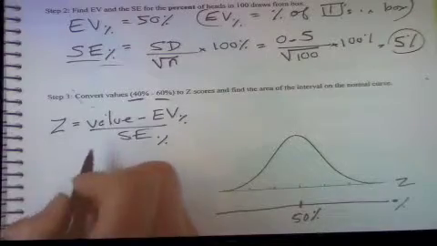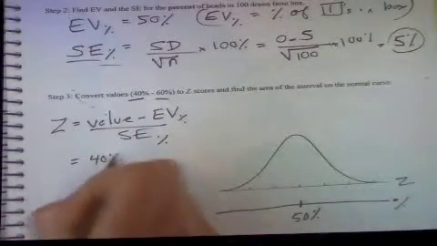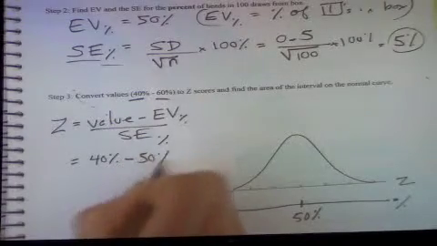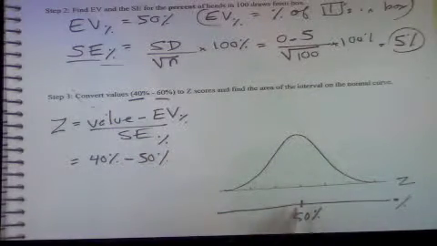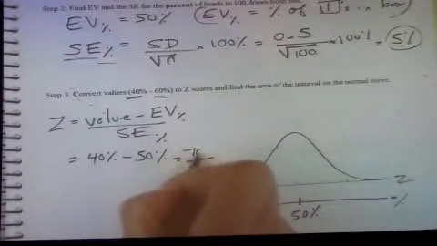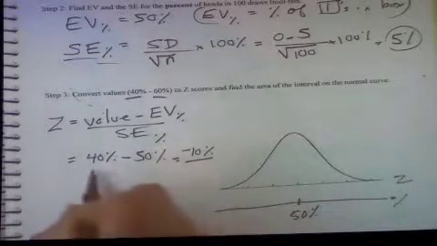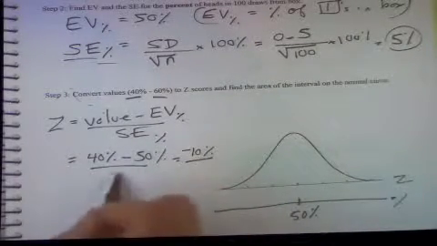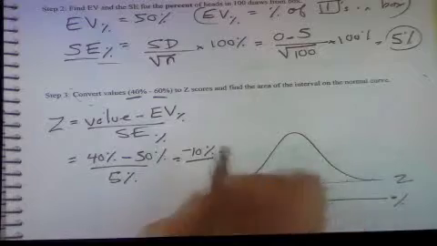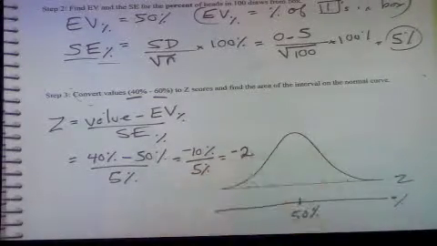So for 40, it's 40% minus 50%. We know our numerator is negative 10%, but where do we place it? Well, we don't know until we know the standard error for the percent, which is 5%. So we see that it's negative 2.